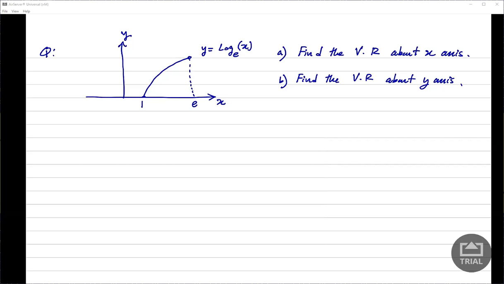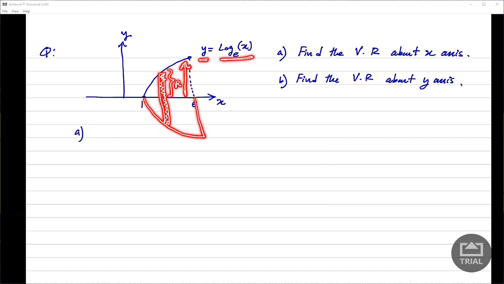Okay, so the first one is easy because about x axis, right? So it would be like this thing. The radius would be nothing but y because it's this way.